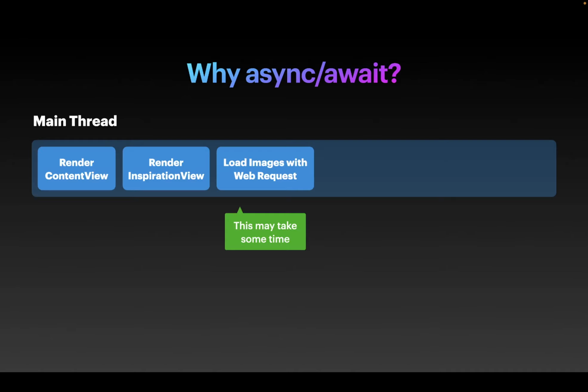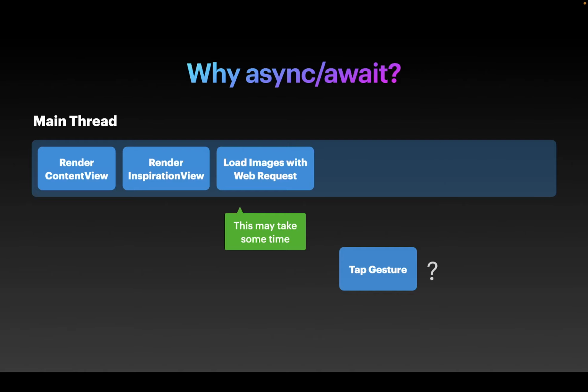Now, for example, when the user randomly clicks on the inspiration view and opens it, and before you actually finish the loading process, the user tries to dismiss that view. So the user can trigger some tap gesture, maybe trying to close that view. What happens? The main thread is still waiting for that web API request, so it's blocked.